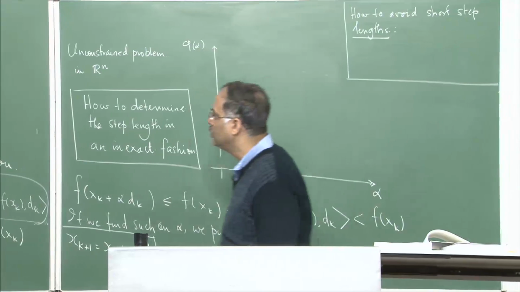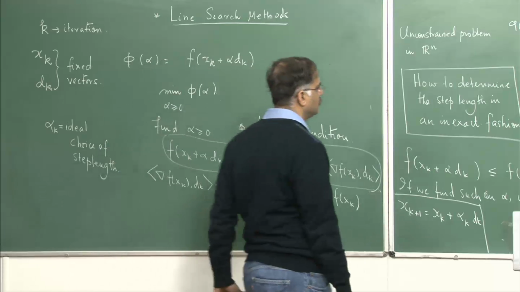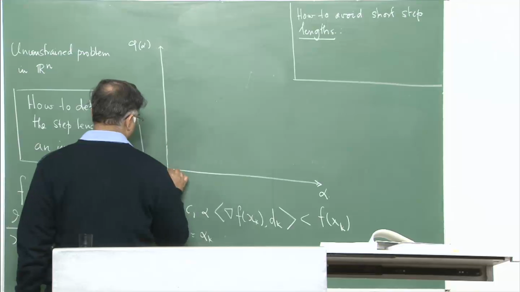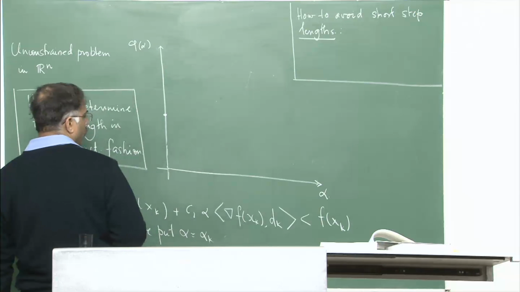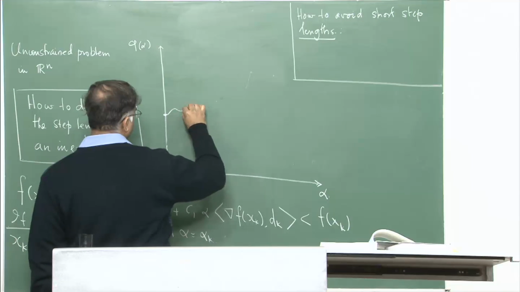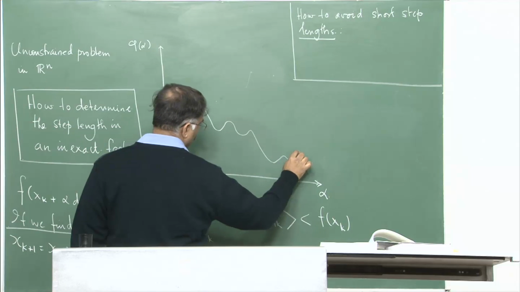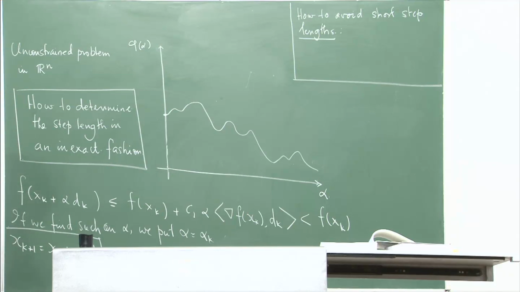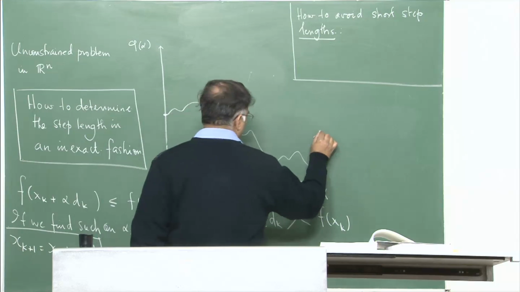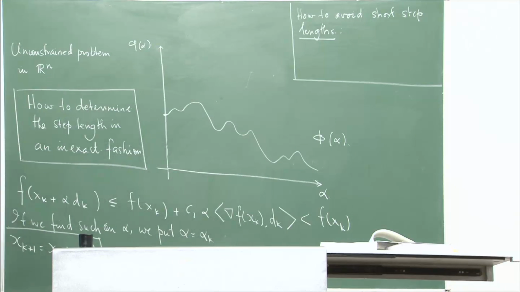When alpha is 0, then it is f of x k basically. So, phi alpha is f of x k, some value here. Now, as alpha is changing, this is the graph of phi alpha.